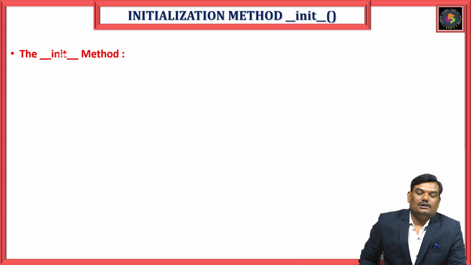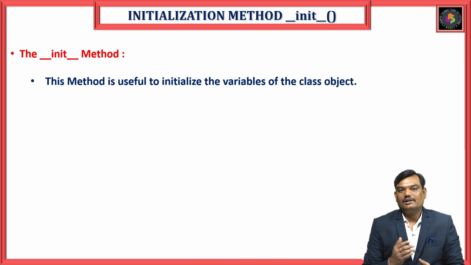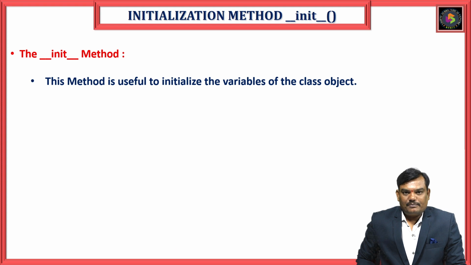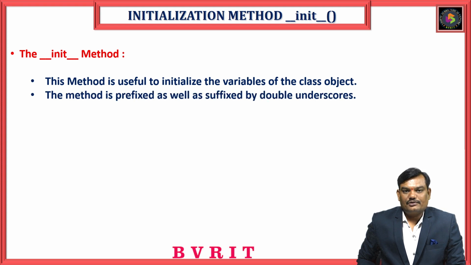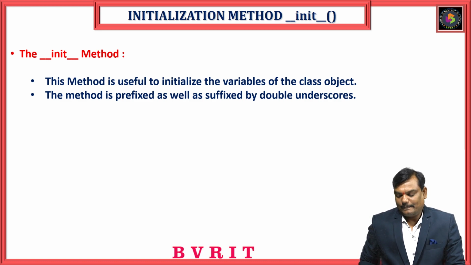Whenever we use Python programming, when we define a class, every class contains an initialization method. The main purpose of using this initialization method is to initialize the members of the class. If you see the name of this particular method, it is prefixed and suffixed by double underscores.